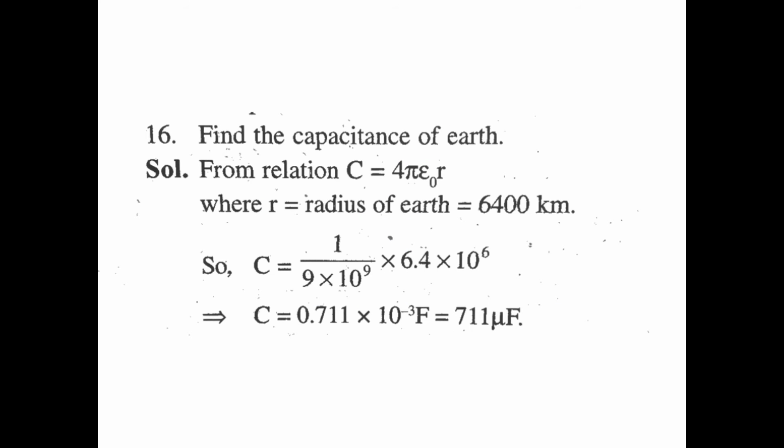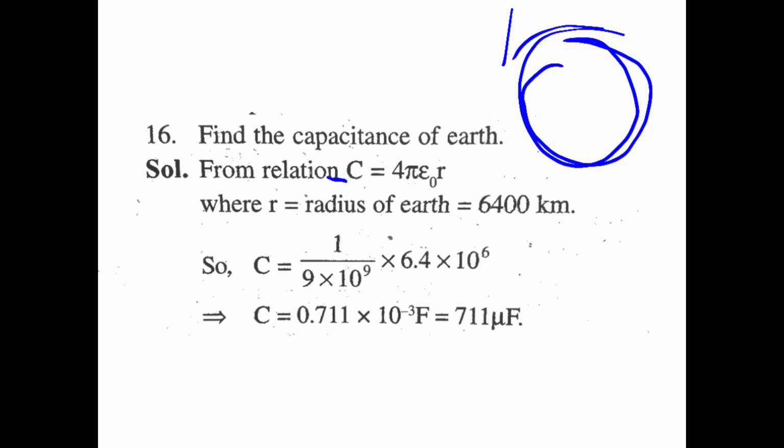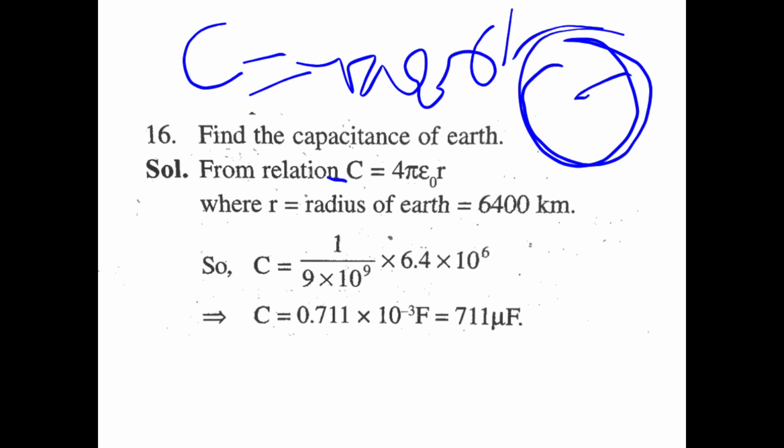Next, find the capacity of the earth. We have to find the capacitance of the earth from the relation. For a sphere, the capacitance formula is C is equal to 4 pi epsilon 0 r, where r is the radius.